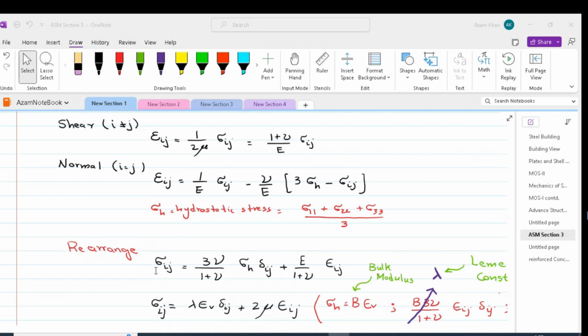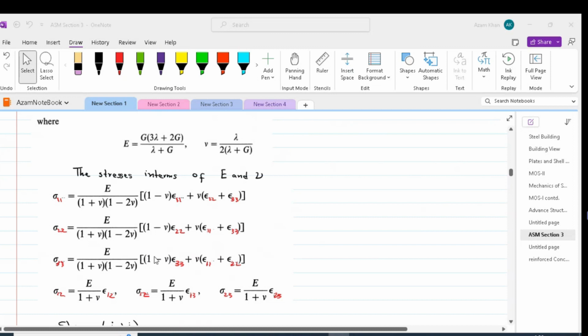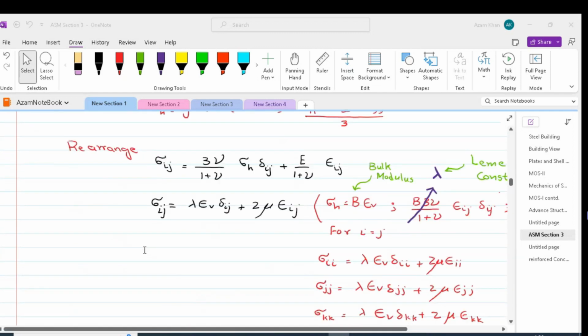So this equation is nothing but a general form of the stress equation in terms of E and nu derived over here. So it's just a general equation of stresses and strains. If I is equal to j, then we will get axial stresses, and if I is not equal to j, then we will get shear stresses.